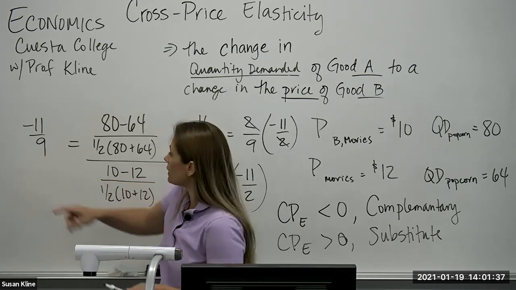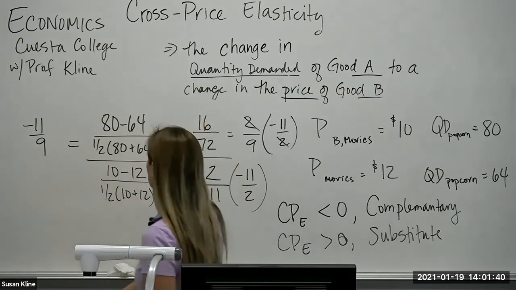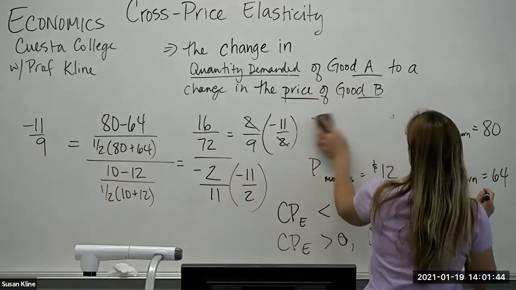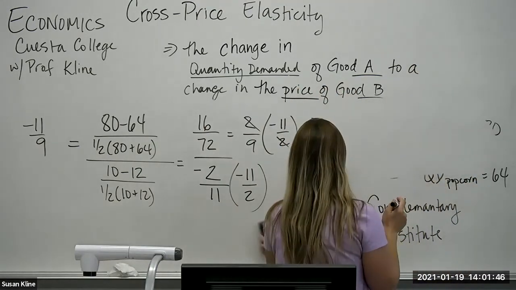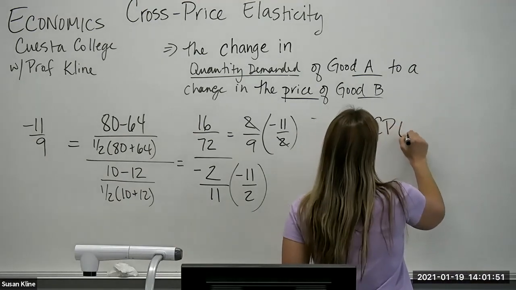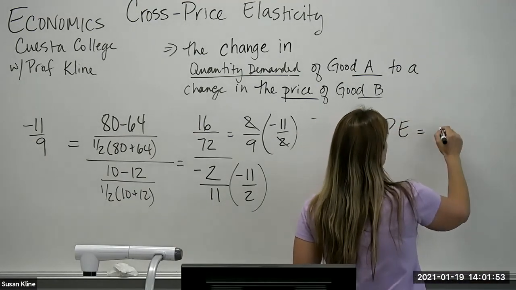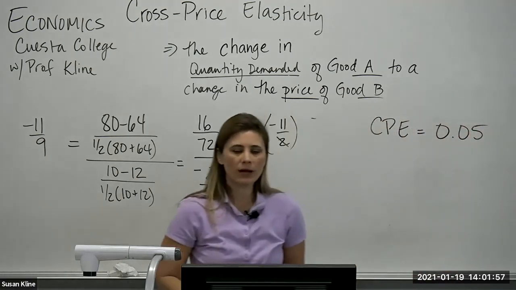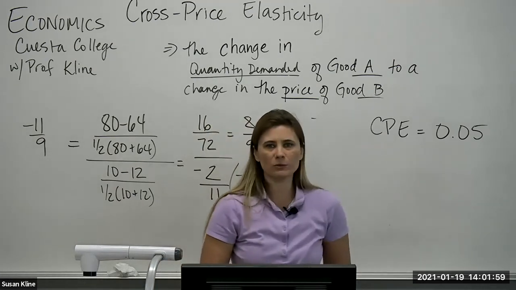So if we had found a number and I simply told you the cross price elasticity was found to be 0.05, right? Well, technically, if it's positive, they would be a substitute.